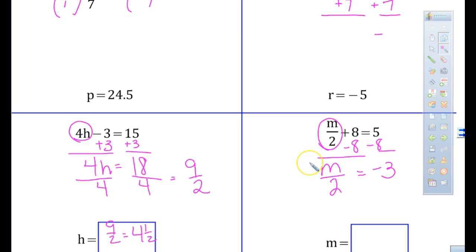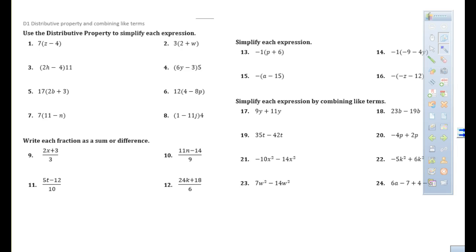Well, the opposite of divided by 2 is to multiply. We're going to put that parenthesis of times 2. The 2's cancel here, and we're left with m equals -6. Okay? So this should kind of be review that you did last year.